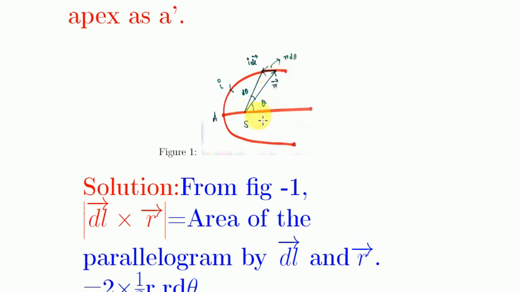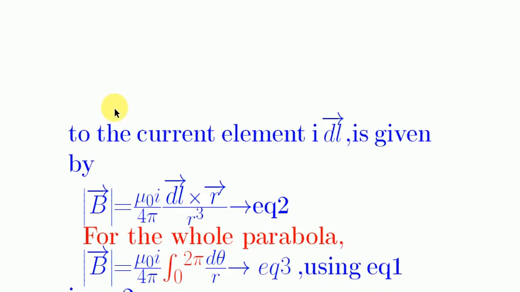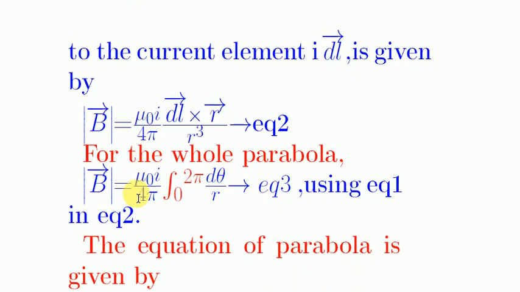The magnitude of B, the magnetic field at point S due to the current element I dl, is mod of B equals mu 0 I by 4 pi, mod of dl vector cross r vector by r cube. This is equation 2, from Biot-Savart's law.